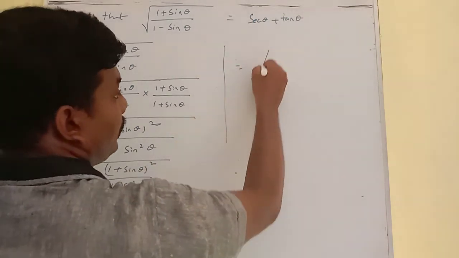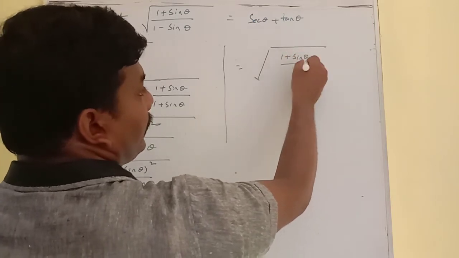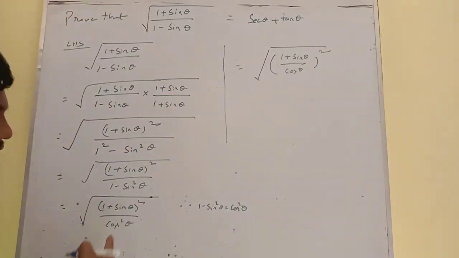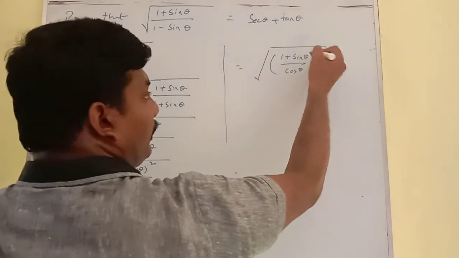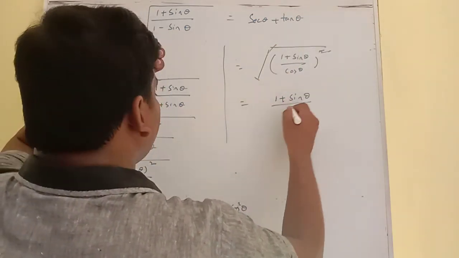Now this can be written as square root of 1 plus sin theta by cos theta whole square, because both numerator and denominator have a square, that's the reason I have taken the whole square. The square and root will be removed. This is 1 plus sin theta by cos theta.